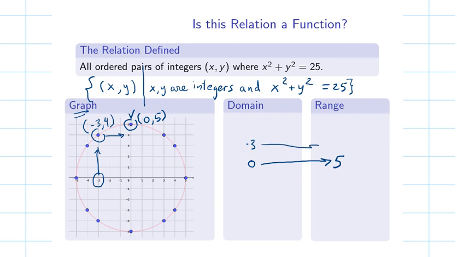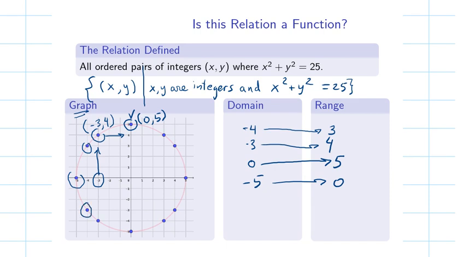So here's -3, that's the input, and the output is 4. So I'll put -3 here, and the output is 4. And this one, -4 is the input, the output is 3. And this one, the input is -5, and the output is 0.